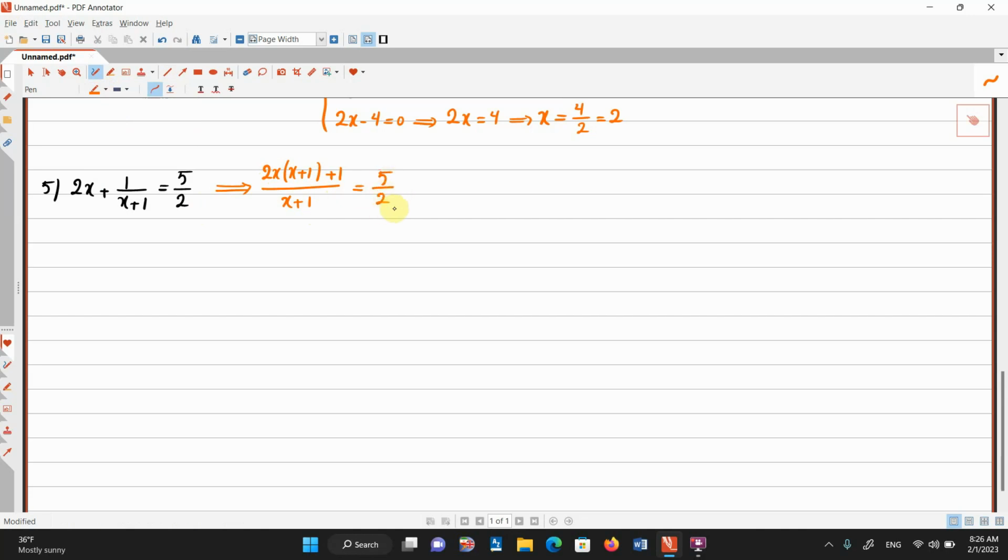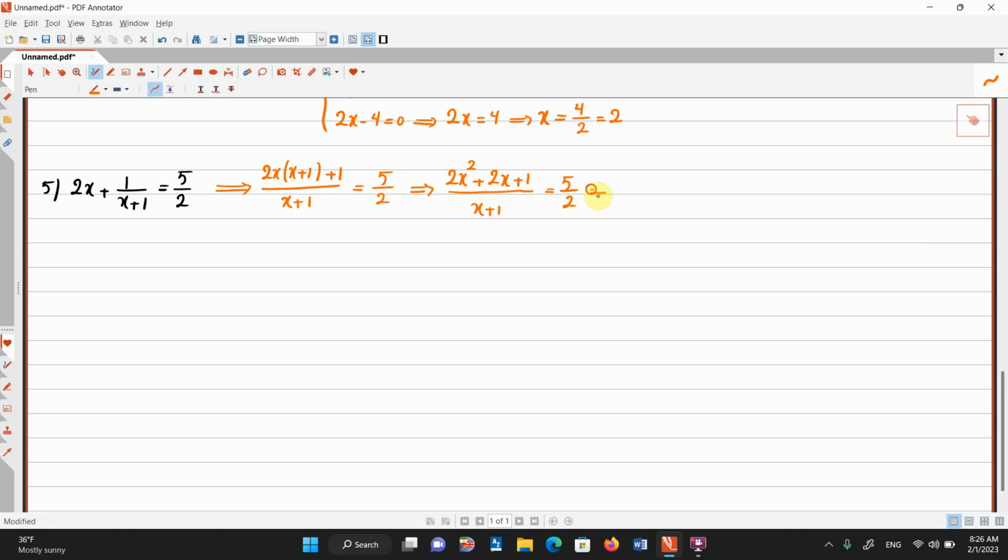I took common denominator in the left side. Let me simplify the left side a little more. If we simplify, the left side will turn to 2x squared plus 2x plus 1 over x plus 1 equals 5 over 2.